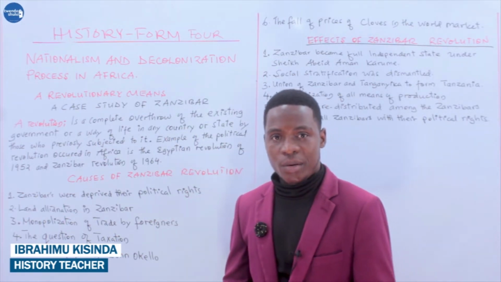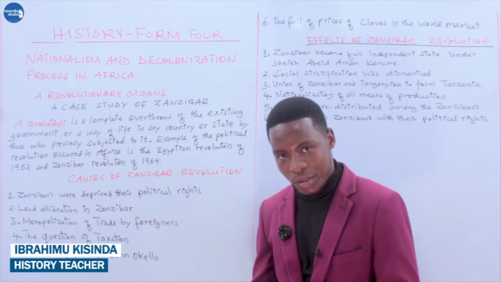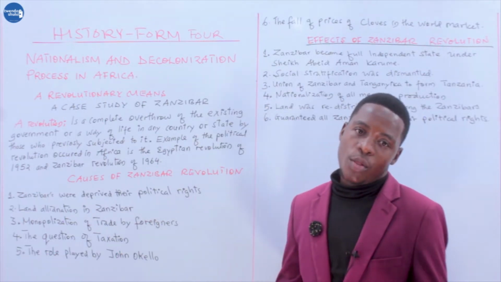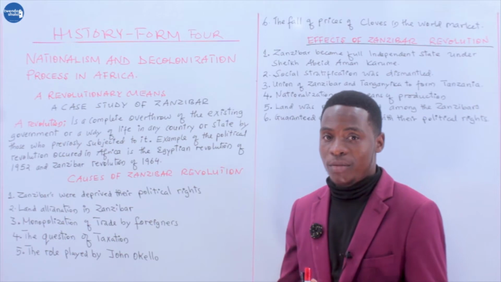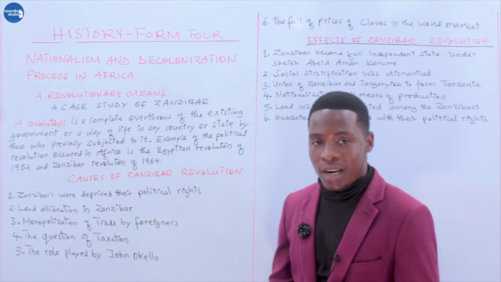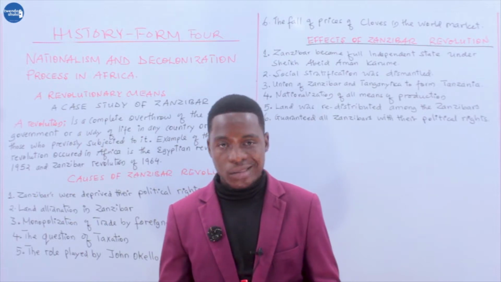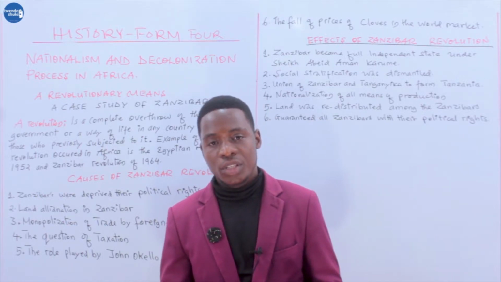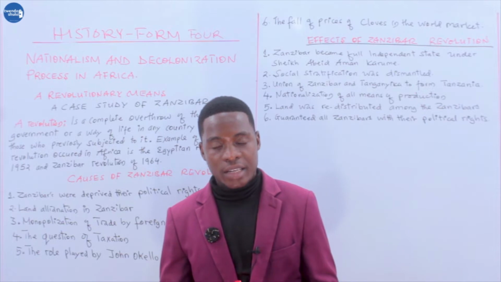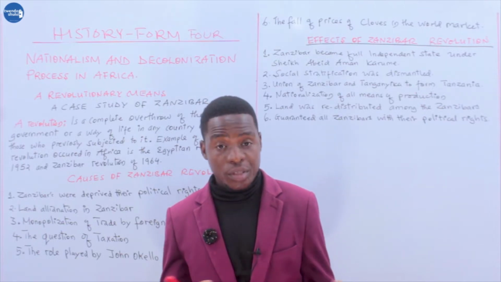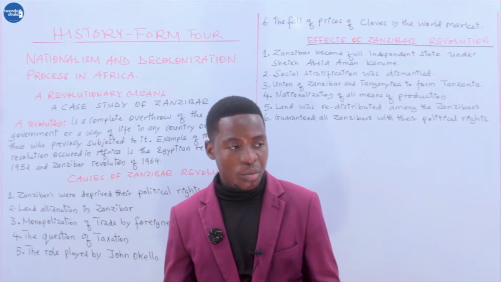So we proceed with our subject, history, because according to Cicero, those who ignore history condemn themselves by not knowing about their future. Therefore, in the previous lesson, we discussed the struggle for independence in Tanganyika, which got independence through peaceful or constitutional means.